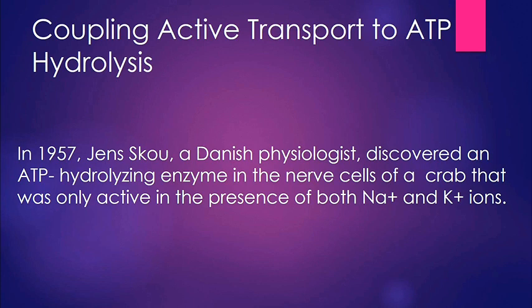Skou proposed, and correctly, that this enzyme, which was responsible for ATP hydrolysis, was the same protein that was active in transporting the two ions. The enzyme was called the sodium-potassium pump.